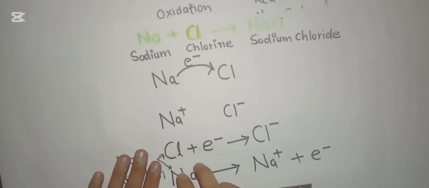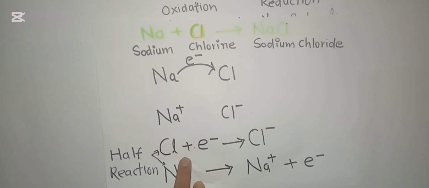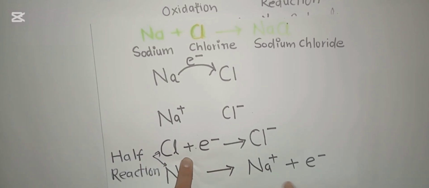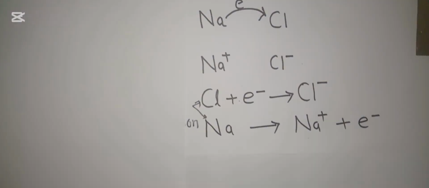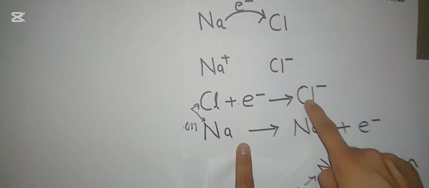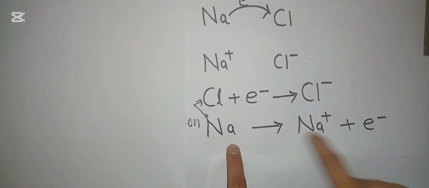Here the gain of electron is on the left hand side, but the loss is on the right hand side. This is the reduction half reaction, and this is the oxidation half reaction.